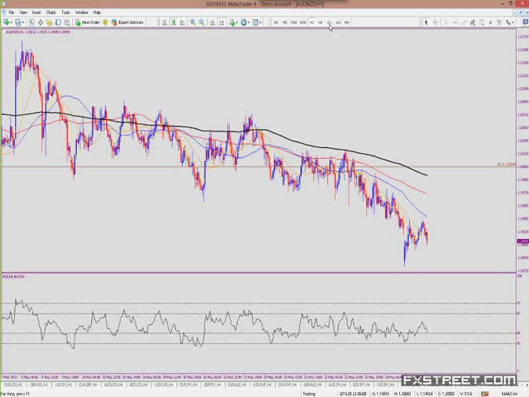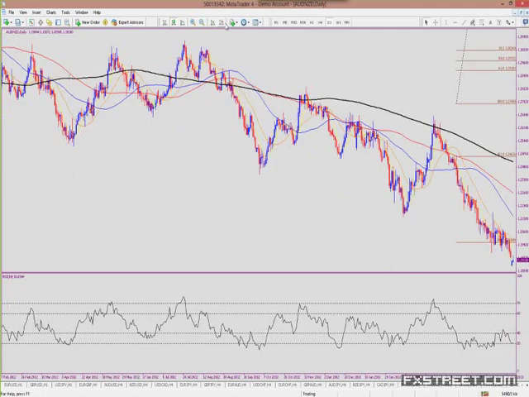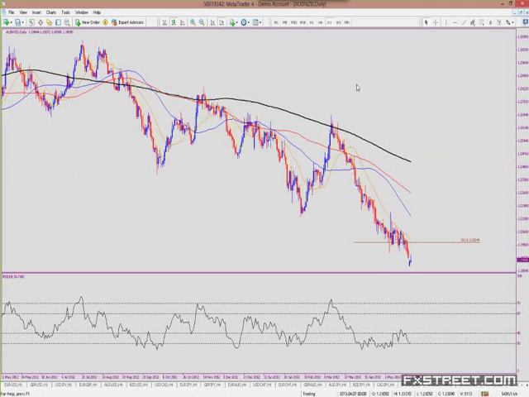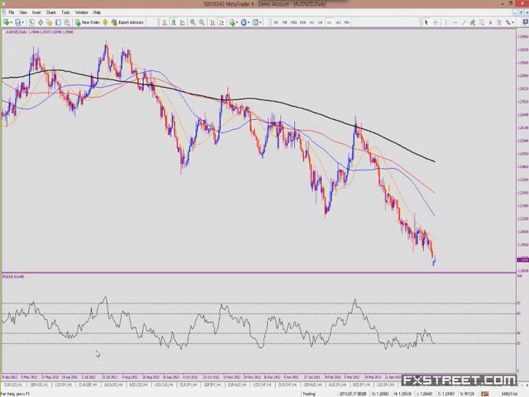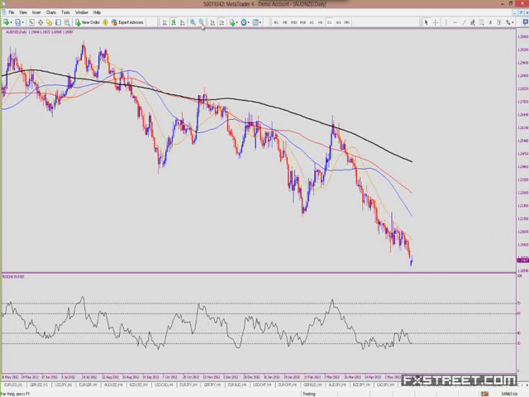Okay, so Aussie Kiwi, let me go to the daily chart to look at the higher time frame first. And from the daily chart, you can clearly see a bearish market, although it's been kind of choppy as the RSI has been able to swing back and forth between 30 and 70. So again, if that pattern remains, then selling on a rally could be a strategy in this pair, in the daily chart.